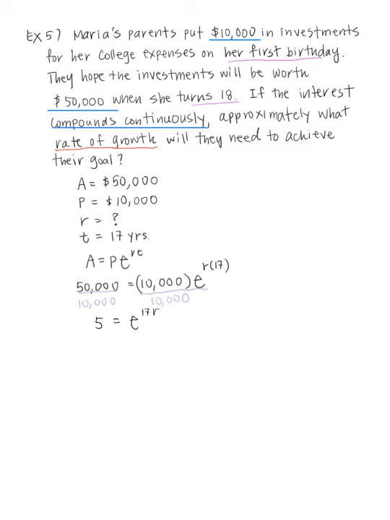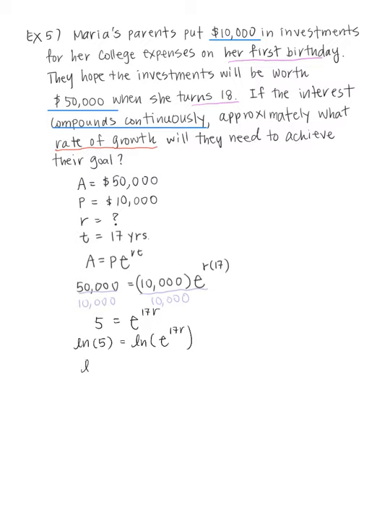Looking good. Now remember we're trying to solve for r, but our r is right now in the exponent on e. So I need to kill that e, and who's going to kill it is ln. So we're going to take the natural log of both sides. We're going to have ln of 5 equals ln of e to the 17r.